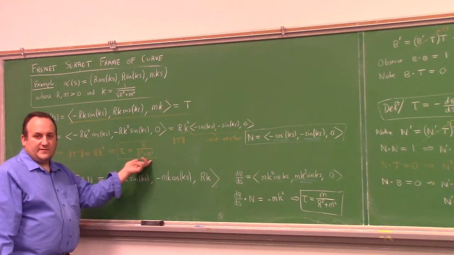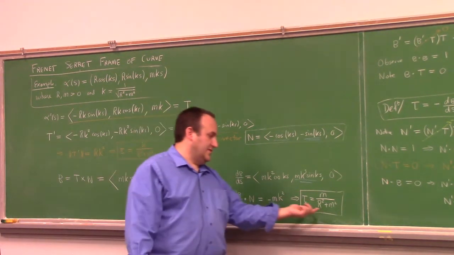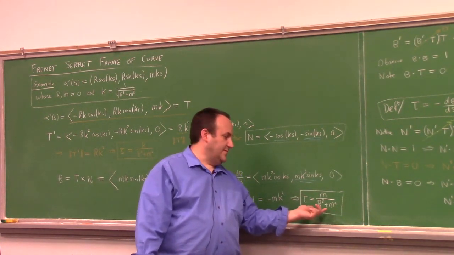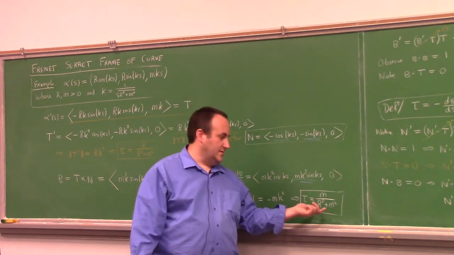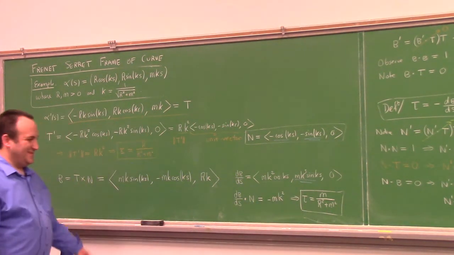Because r squared wins. And likewise, the torsion goes to 0 because r squared wins, right? Likewise, if we think about m going to 0, well, I don't know what exactly happens there.